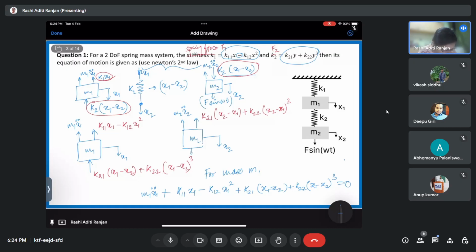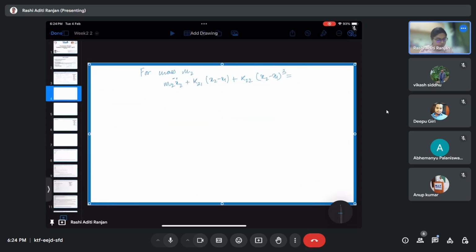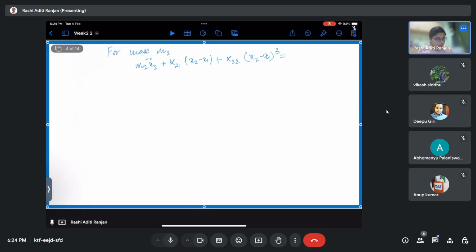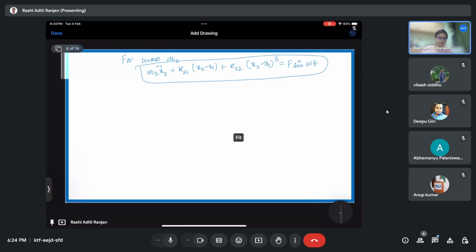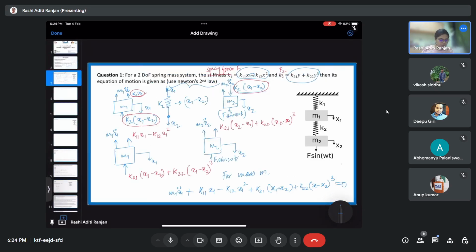It is also important, F sine omega t, right? So we'll equate it with F sine omega t. So this is my second equation.